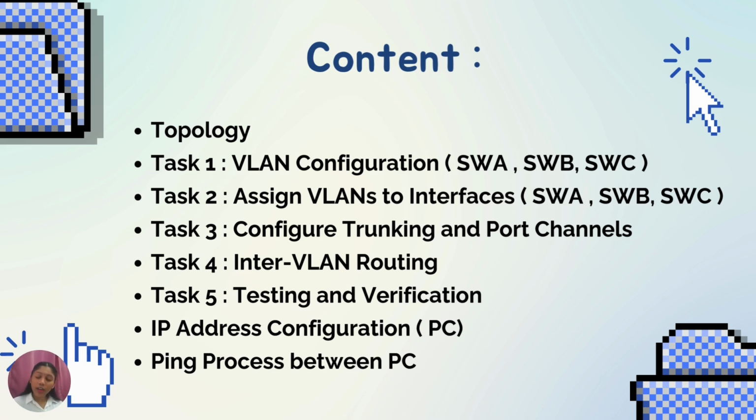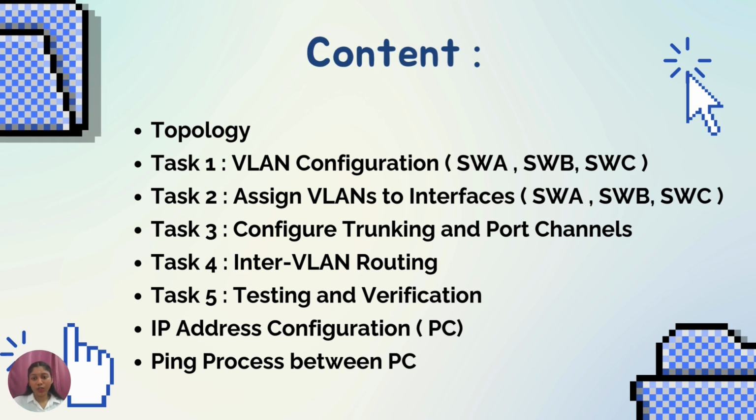Task 3, configure trunking and port channel. Task 4, inter-VLAN routing. Task 5, testing and verification, and IP address configuration between PCs, and then lastly is the ping process between PCs that are connected through the multi-layer switches.